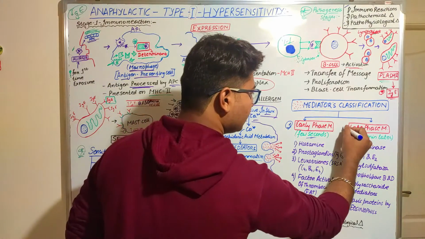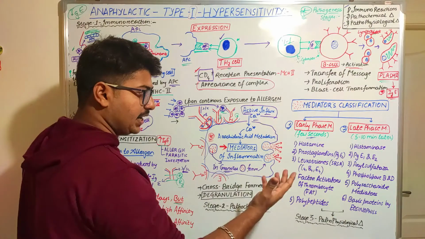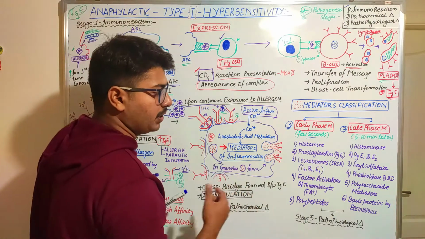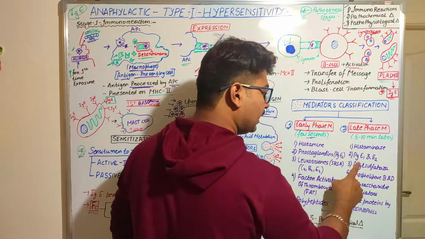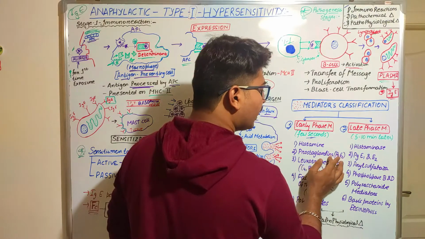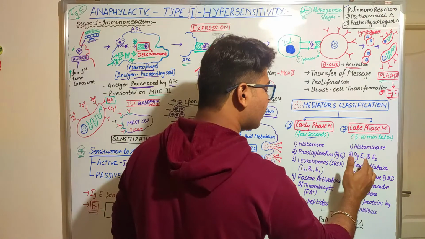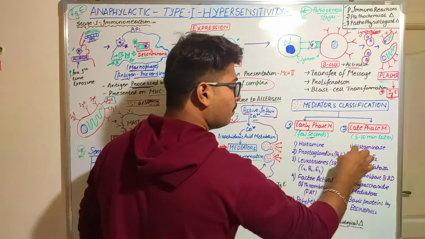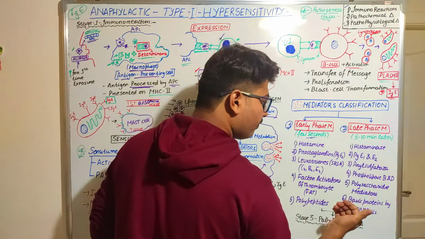Next comes the late phase. It means the mediators are produced after 5 to 10 minutes. Examples are histaminase and prostaglandin E1 and E2 both. The prostaglandin E2 that is produced in a few seconds comes under the early phase, but after some time the mast cells will again produce prostaglandin E1 and E2, which come under the late phase.